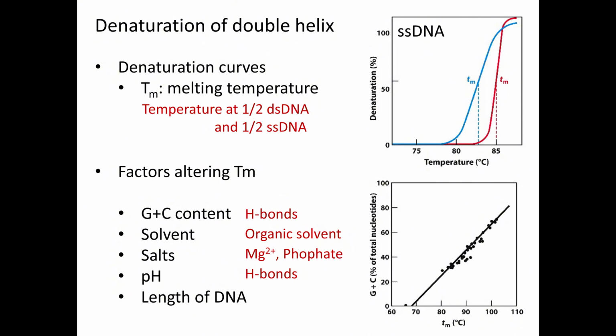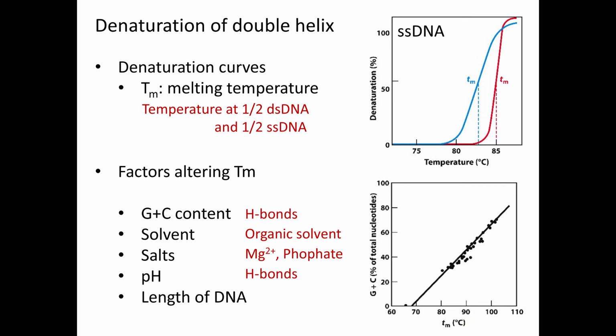Solvent conditions, including the chemical composition of the solution, can alter DNA stability. Organic solvents or denaturants can weaken base pairing and lower the Tm. Salt concentration plays an important role because positive ions shield the negative charges on the DNA phosphate backbone. Higher salt concentrations reduce electrostatic repulsion between strands, increasing stability and raising the Tm, whereas low salt conditions decrease Tm. pH also affects DNA stability.